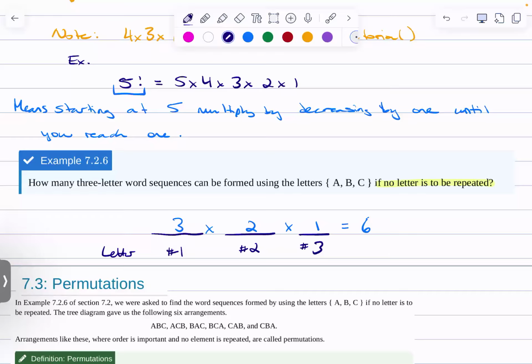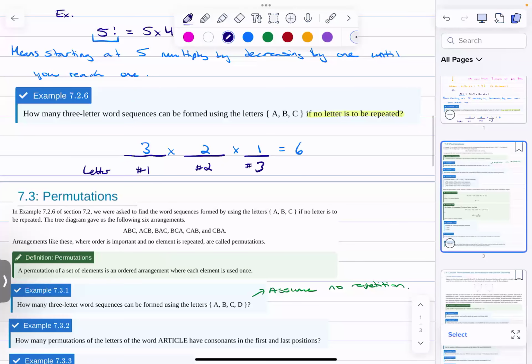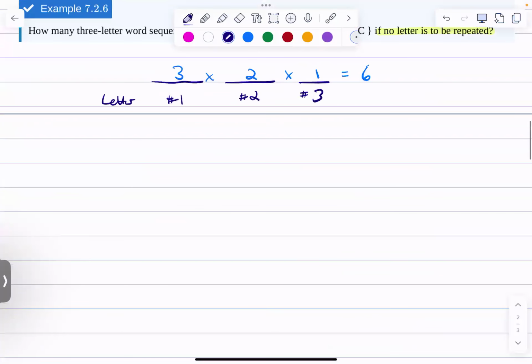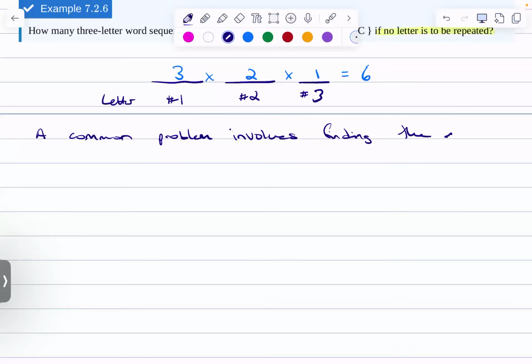A really common problem that we saw last day is the license plates, right? Sometimes there are restrictions on license plates, right? A common problem involves finding the number of possible license plates.